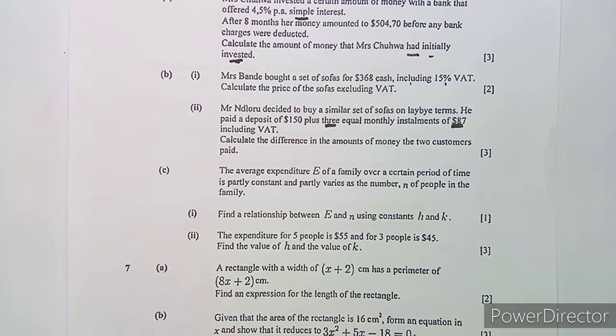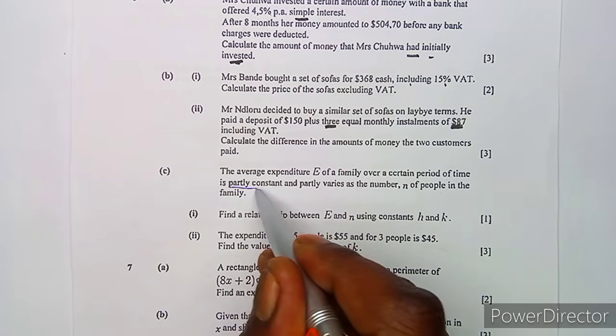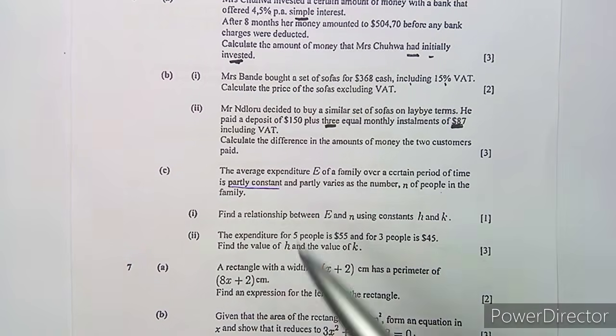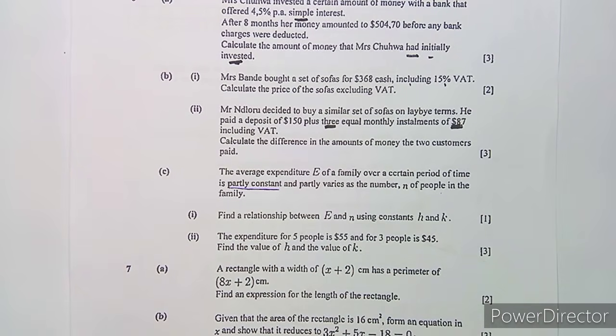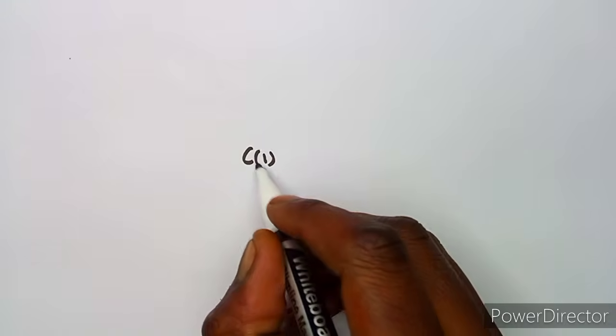So we're going to introduce constants H and K, but take note, the first part that we are given is that it is partly constant. So if you have been watching the videos on variation, guys, I hope you understand how you are going to write this. So this is going to be C item 1.